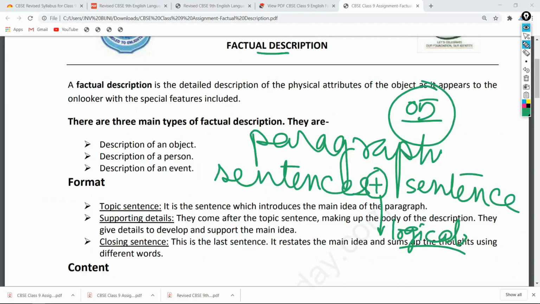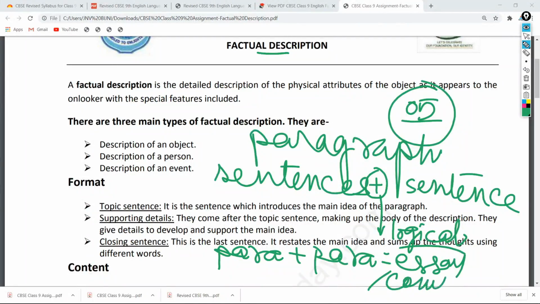And when there are many paras together, para plus para is equal to essay or composition.